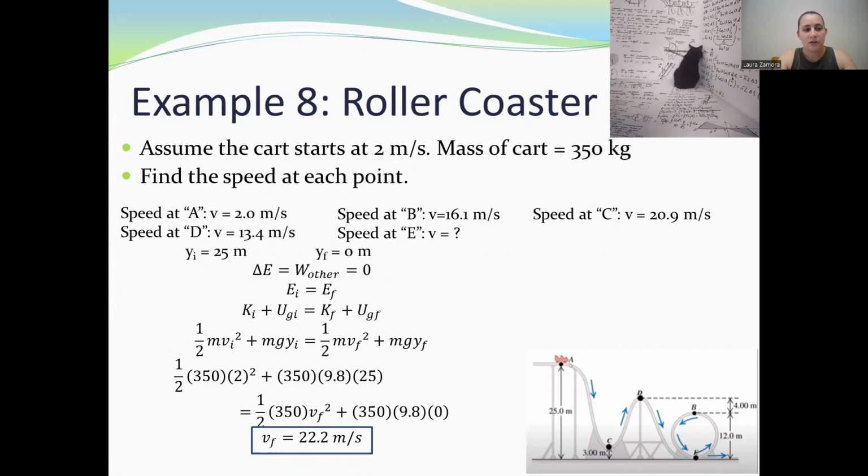So I'm going to divide both sides by 350. And that will take away that term. So now that we've done that, 494 equals speed squared. So if we take the square root of that answer, we get 22.2 meters per second.